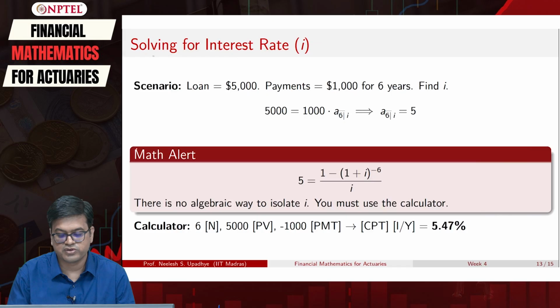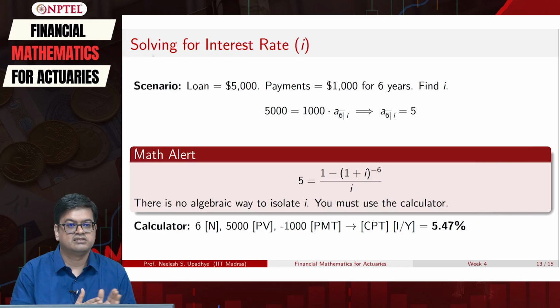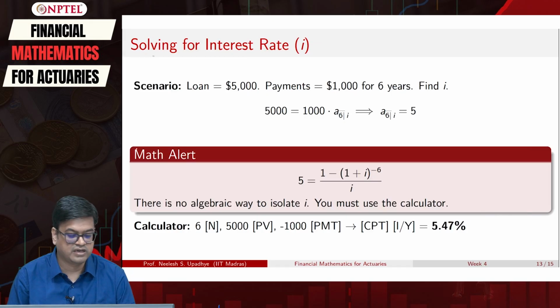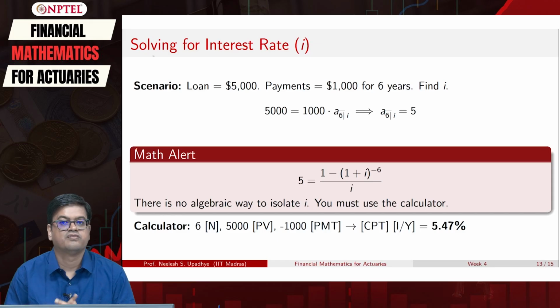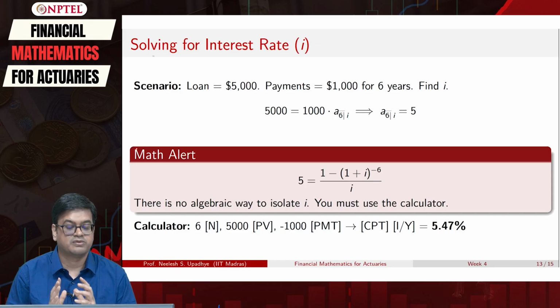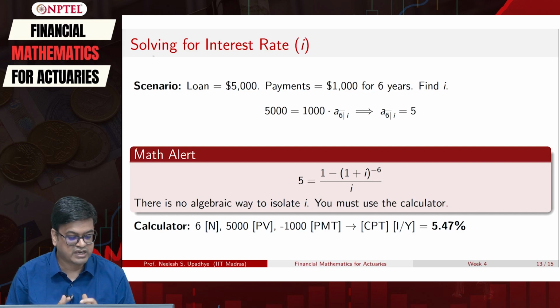This is the sequence of calculations: N is 6, present value 5,000, cash flow minus 1,000, and you compute I/Y and get 5.47. Wonderful. So we have a nice tool, and with the calculator you can easily solve all these annuity problems.